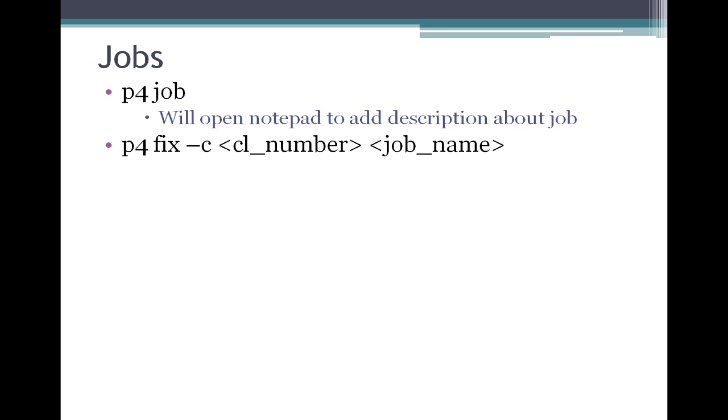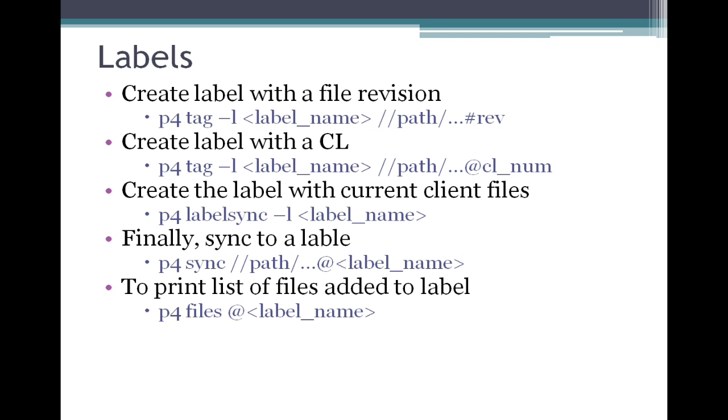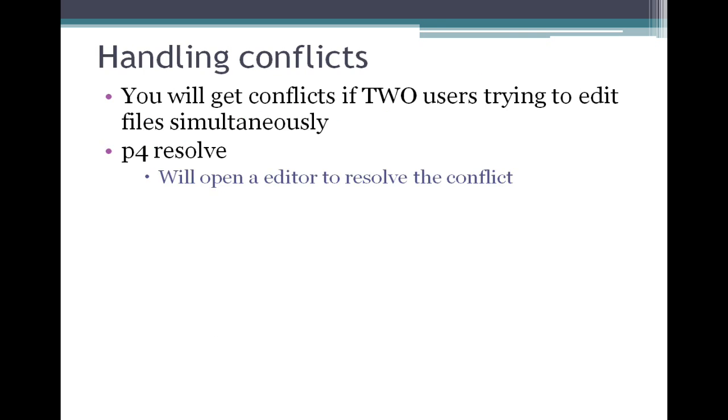But if you want a mixture, like one file at revision 3, one at 1, one at 5, then you need to make use of a label. But you never get such a situation. Okay, so that is about label.